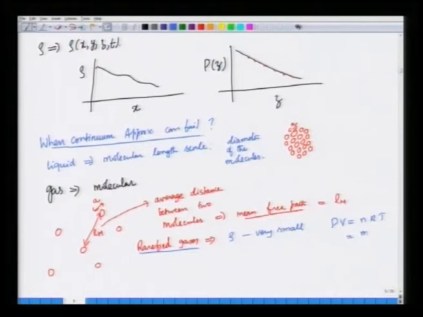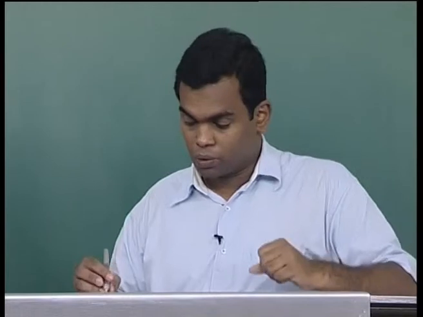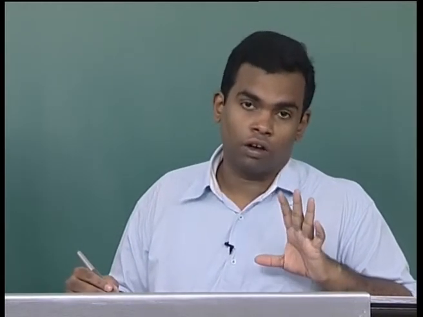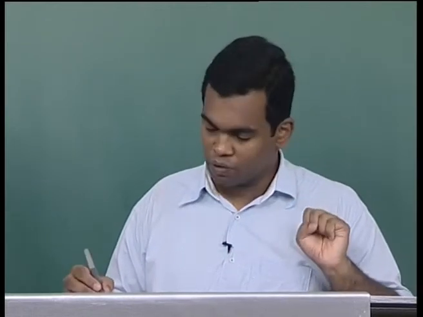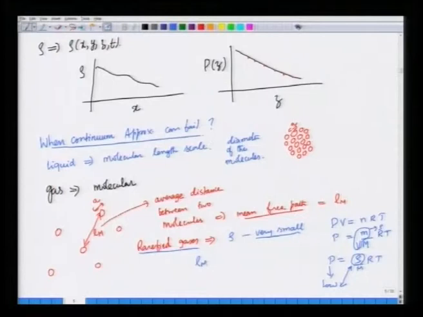So this is the mass divided by the molecular mass, RT, and I bring the volume into the denominator. Mass by volume is the density. So P is rho by m times RT, where R is the gas constant and T is the temperature. So when can you get low densities? When the pressures are low, that means the density is low, because pressure is directly proportional to density in a gas. These are encountered in some applications when the pressure is so low that the density becomes very small, and then the mean free path becomes large.